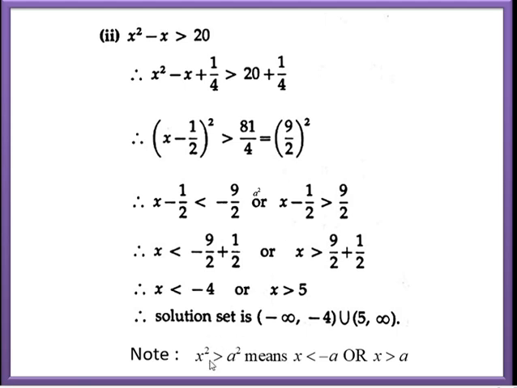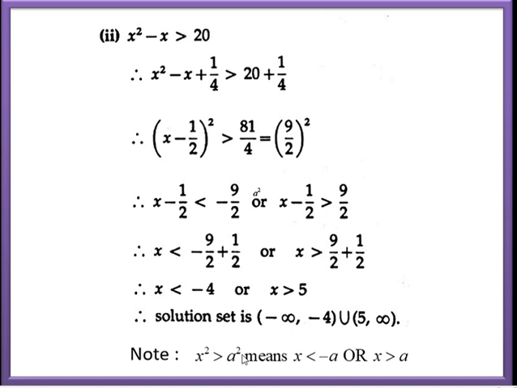Now, see this, x square greater than a square means x less than minus a or x greater than a. So, x minus half less than minus 9 by 2 or x minus half greater than 9 by 2.